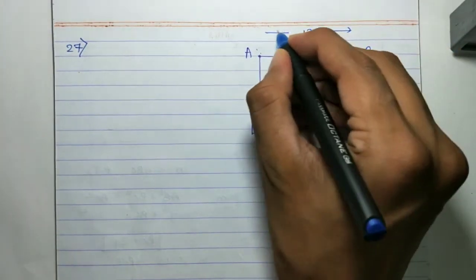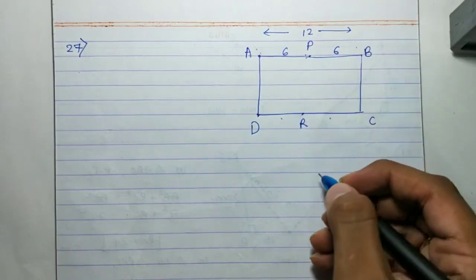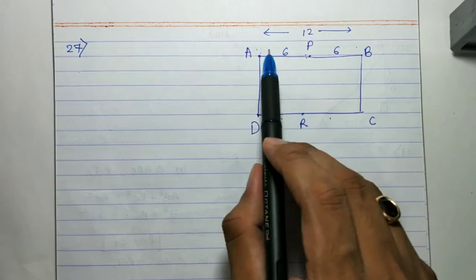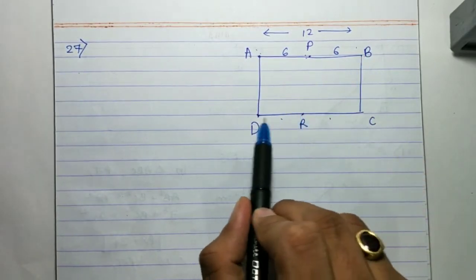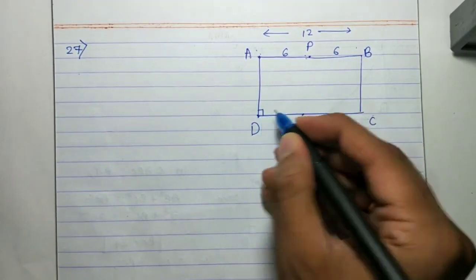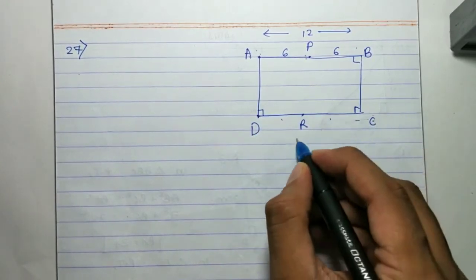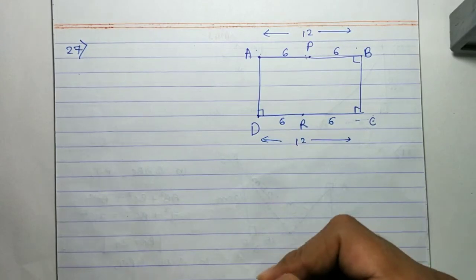This whole AB is 12, so this AP and PB will be 6 and 6 centimeters. Okay, and if AB is 12, automatically CD will also be 12. They have given in the question because the rectangle, in a rectangle opposite sides are equal. Okay, so this will also be 12, which makes this 6 and 6.